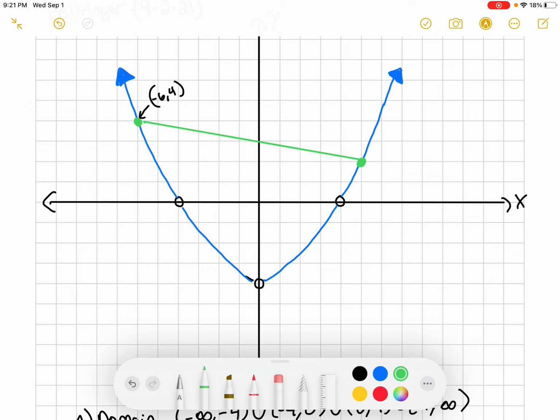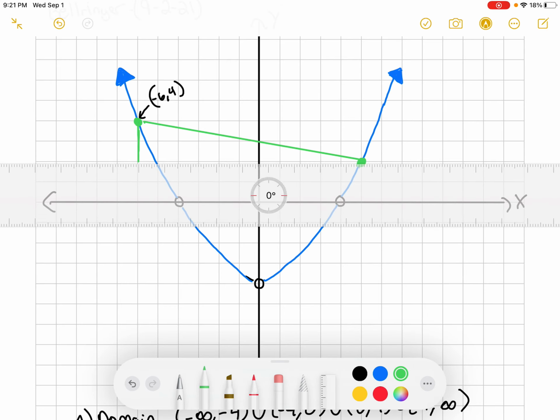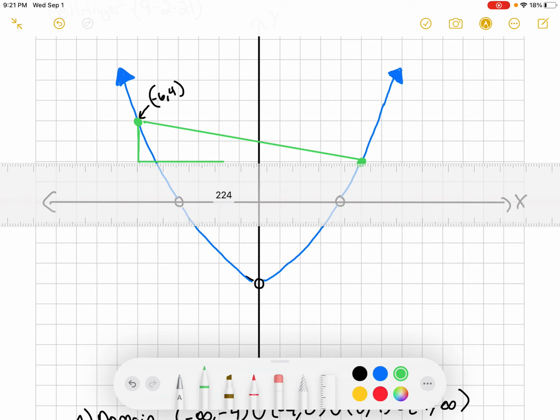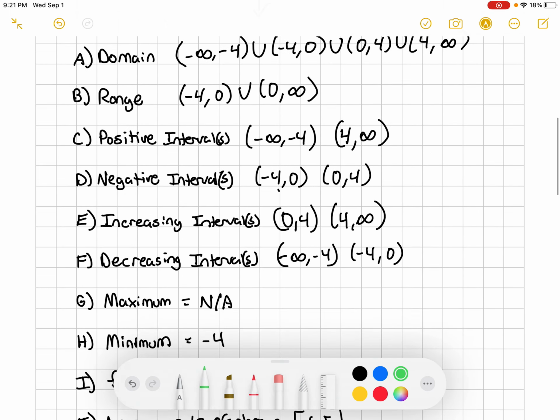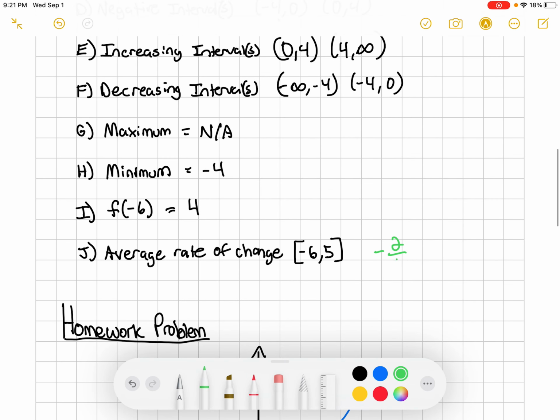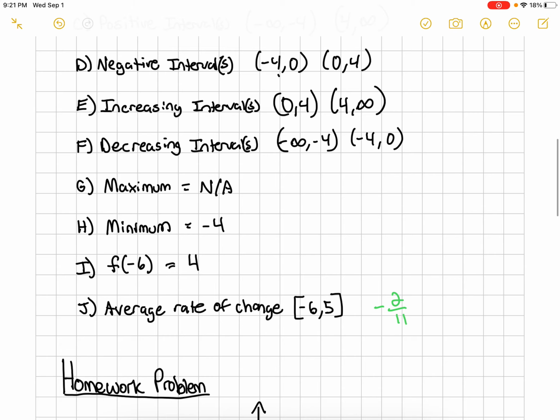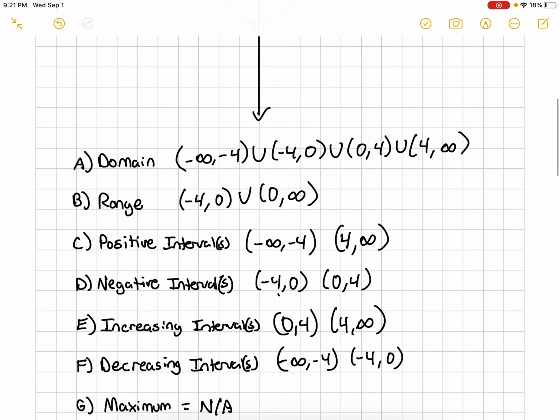And that's going to be a negative slope. We've got to find the rise distance and the run distance. Okay, so the rise distance is 2. The run distance is going to be 11. So this is going to be a negative rise over run, negative 2 over 11. Okay, so there are the 10 questions for your bell ringer.